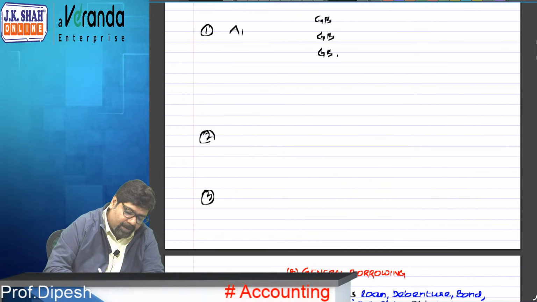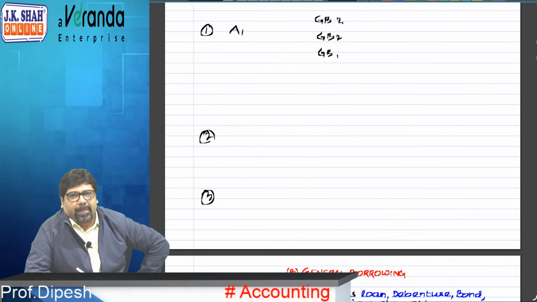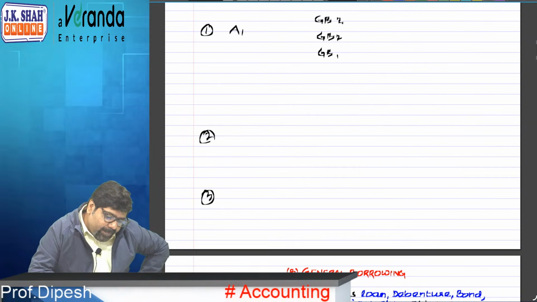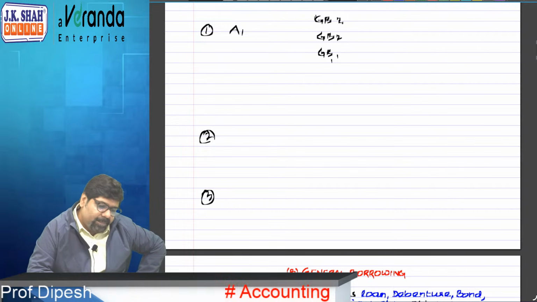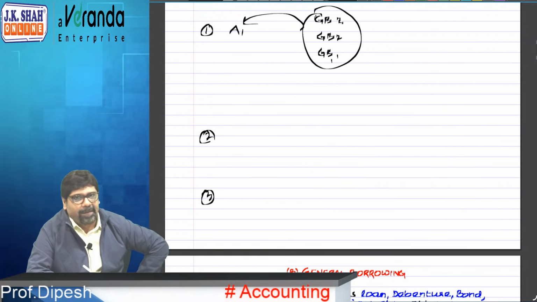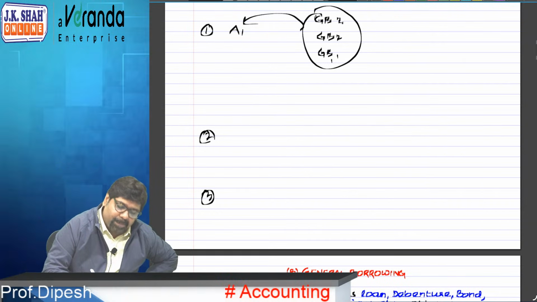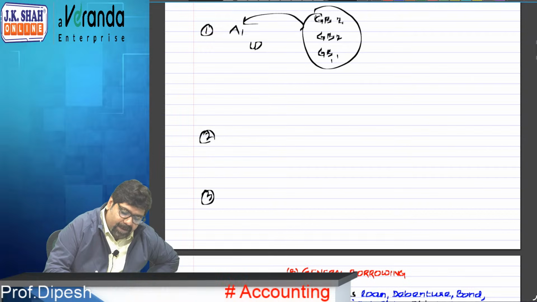I have got 3 general borrowings. From which general borrowing I am using money? Am I able to say this? No. Will I be able to say from which general borrowing I am using the money? No. So, I will use money on average borrowing rate.